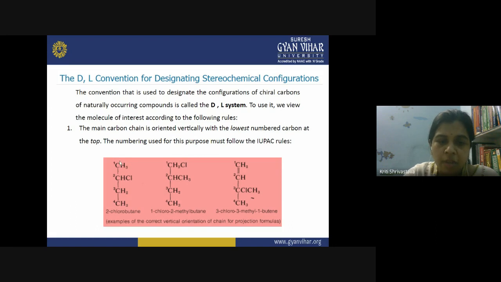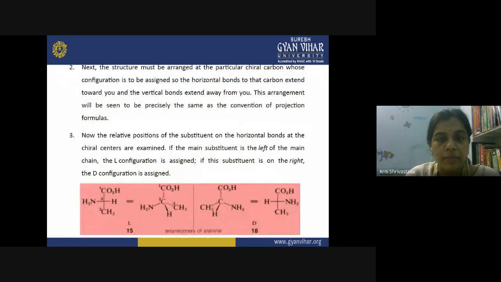Whenever you assign numbers to the carbon chain, it should be strictly according to the IUPAC rule. And you will arrange the carbon chain vertically. If a carboxylic acid group is present, since you have to give the lowest number to the topmost carbon, you will write the COOH on the top of the molecule. So you will orient the main carbon chain according to the given rules. This is the first step.